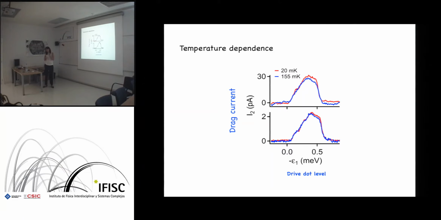Whereas the experiment is done in the opposite regime, somehow. But what the experiment shows is also that, even if they are able to lower the temperature 5-6 times, the drag current that they obtain is more or less the same. So they have some kind of saturation with respect to the temperature.